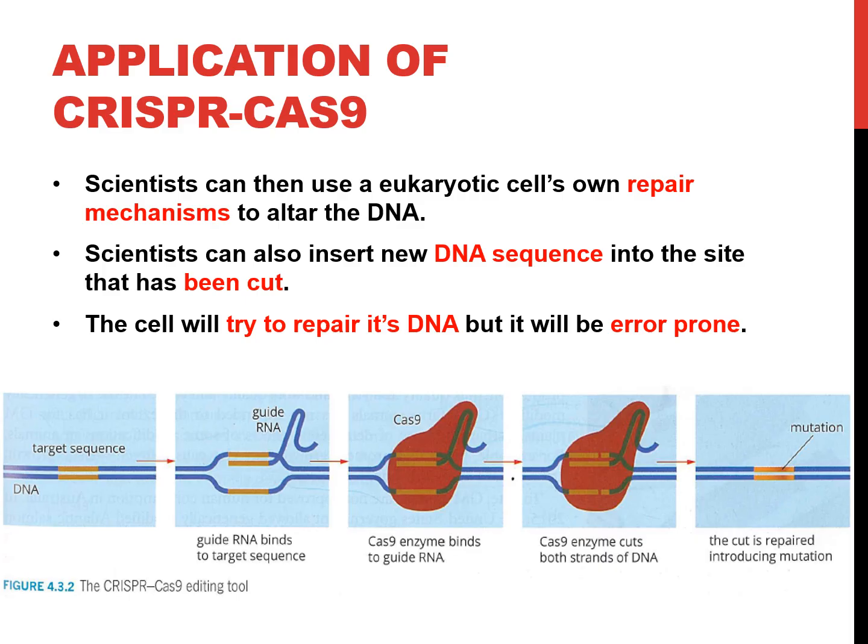The enzyme will open up the DNA, as you can see, and then it will cut a couple bases down from the PAM sequence. Afterwards, the cell will try to repair it, but it will be error prone. It will be done very dodgy. It's like getting a really dodgy tradie to come in. They'll do the job, but it'll break down. It might not work properly, etc.